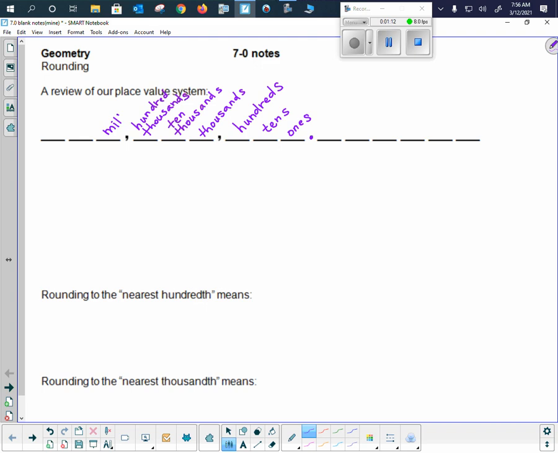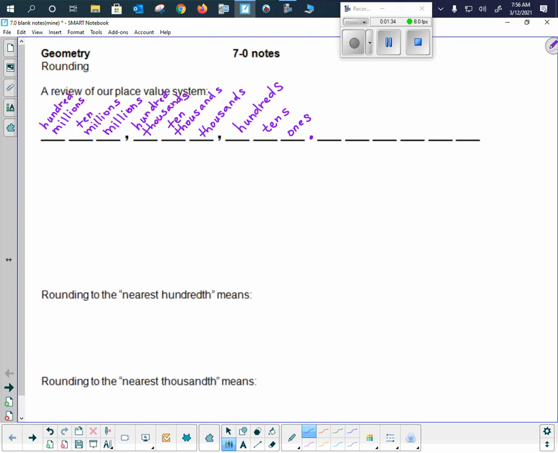Right, millions. And then just kind of following the pattern, right? So 10 millions, 100 millions. And after millions would be what? Billions. Okay, and it just keeps going with that same pattern.